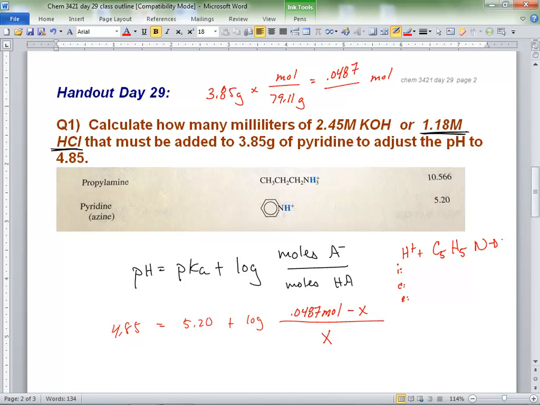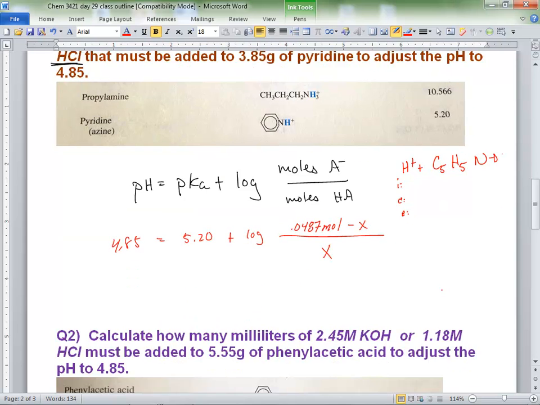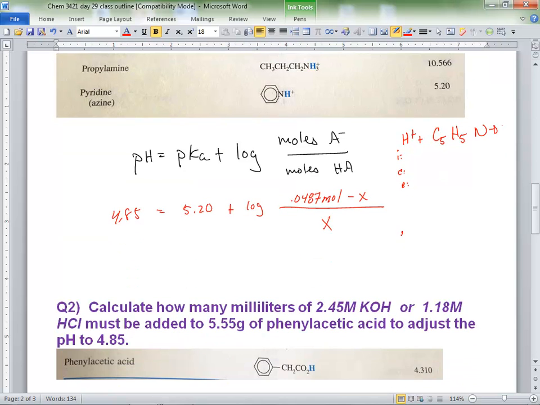Or do you want me to write out the mole table? Okay, let's write it out. I need more space. You know what? We don't even need to write this, though. We could write it out our abbreviated way. Right? We know that pyridine is the conjugate base.